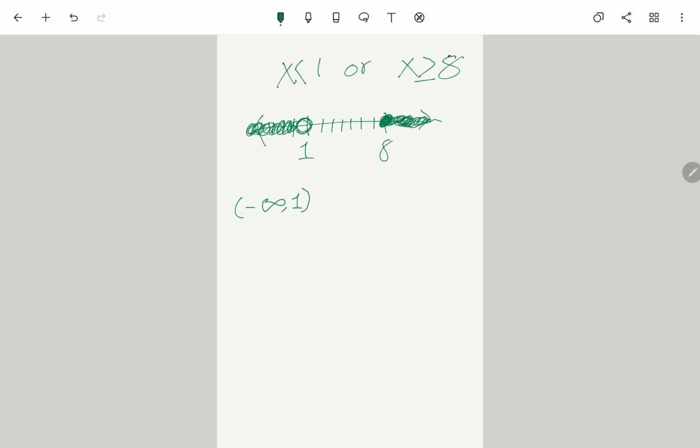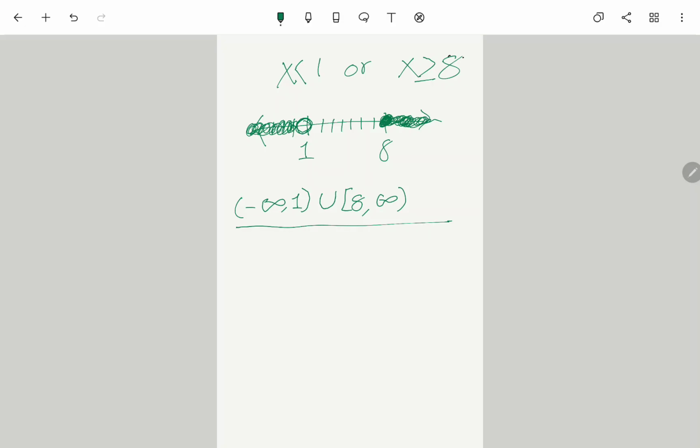Now we need to put a union. The first point on the left side, 8, but we need to put bracket. So the last point will be infinity. Close the parentheses. Okay, that one is your interval notation.